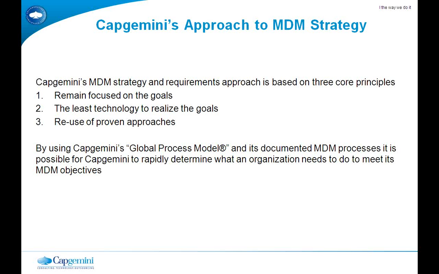When we're talking about business requirements, we want to make sure we keep the end goal in focus, make sure we're doing whatever we can to minimize the technology, and generally go through a process of reusing proven approaches. At Capgemini, we have a business process model that we utilize over and over again that saves a lot of time up front for helping to drill through the requirements.